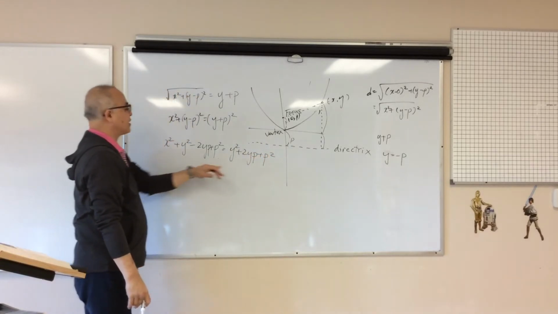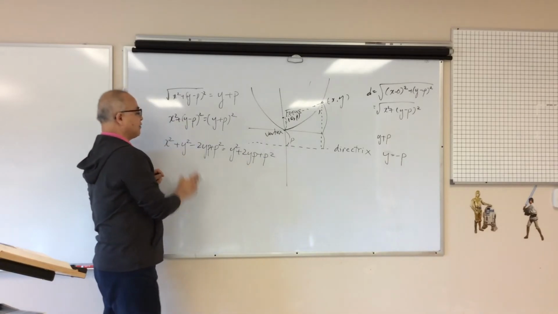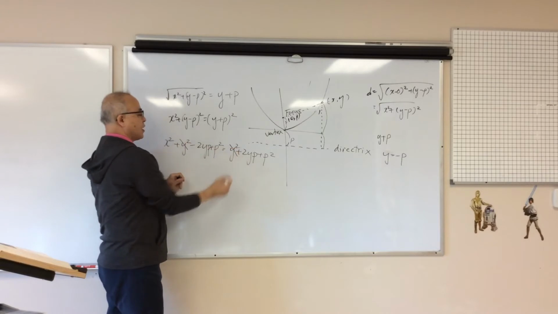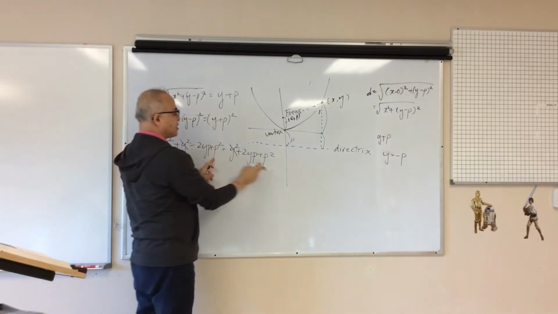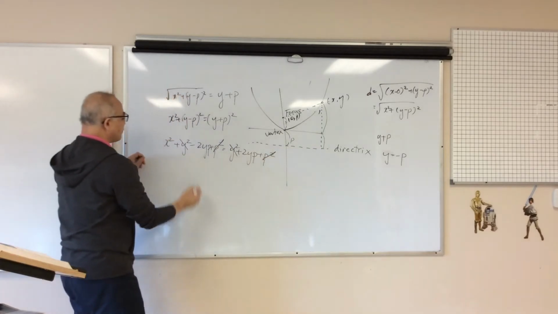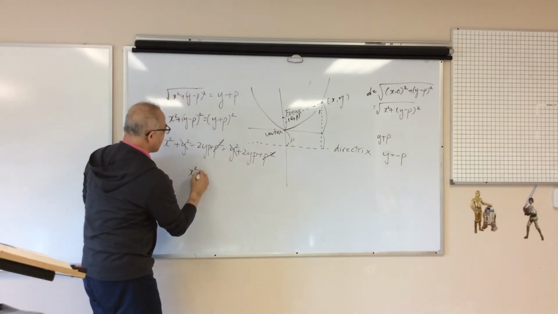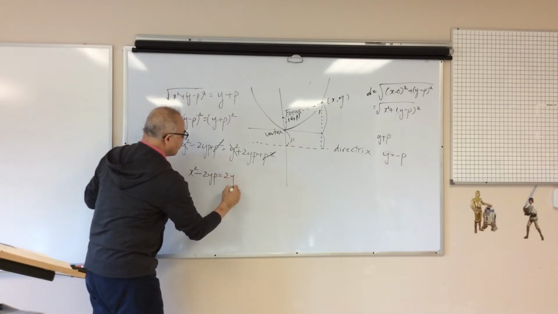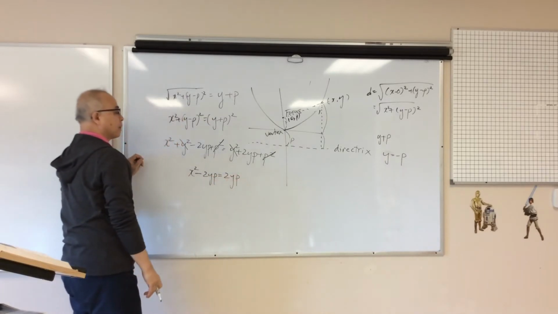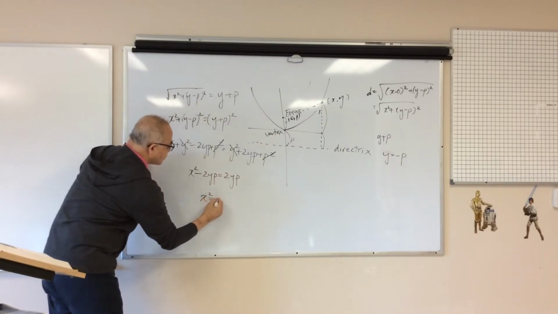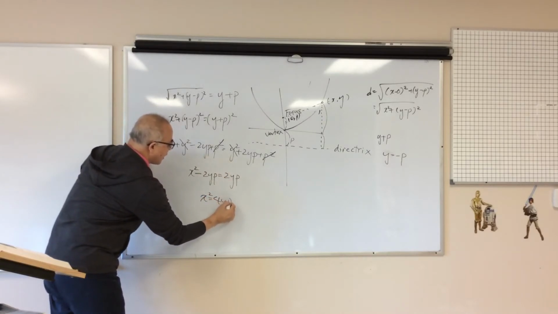The left-hand side and the right-hand side both contain the y squared, so those go away. I have a p squared and p squared here, so these two cancel out also. So what do I have left? I have x squared minus 2yp is equal to 2yp. Move this over, and I get x squared is equal to 4yp.